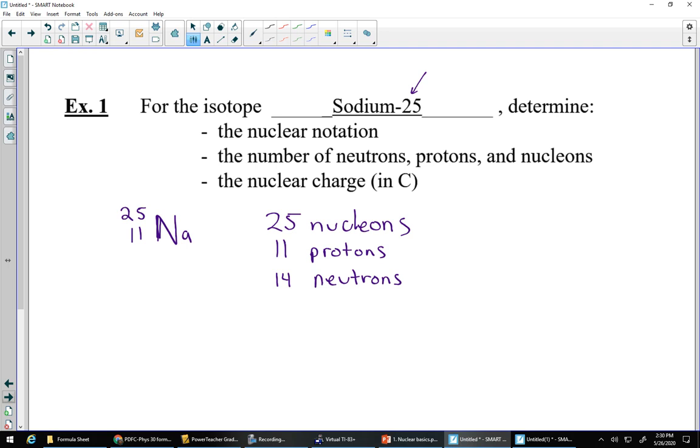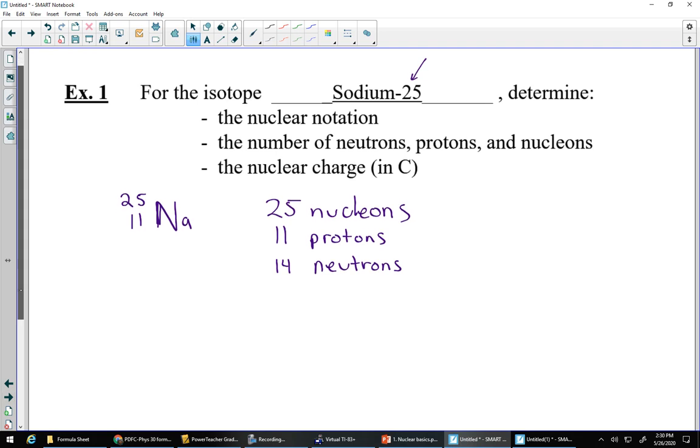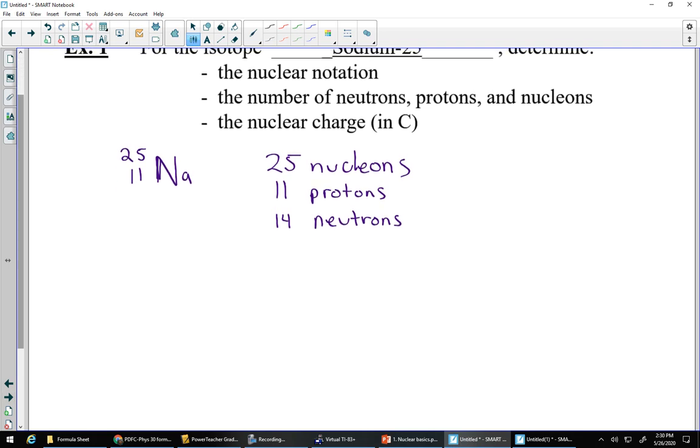The next part is, what is the nuclear charge? So for the nuclear charge, we can use this old formula that we made, Q is equal to Ne, except we're not really using the number of electrons in deficit. N is now the number of protons that we have. So it is 11 protons times our elementary charge, which is 1.6 times 10 to the negative 19 coulombs.